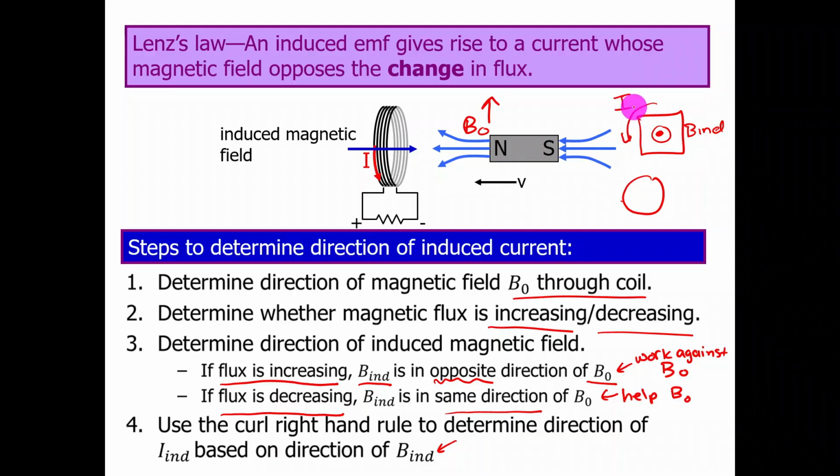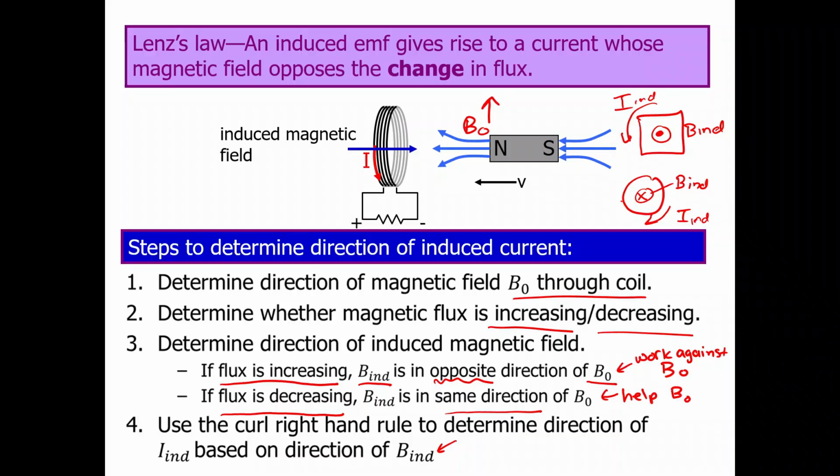That tells me that my current has to flow counterclockwise through the loop. Whereas on the other hand, if for this loop I figure out that my B induced has to be into the page, then I put my thumb into the page, and that tells me that my current would have to be clockwise. And that is the induced current, the current that is being created as a result of induction.